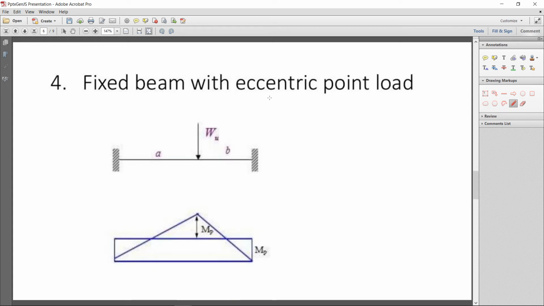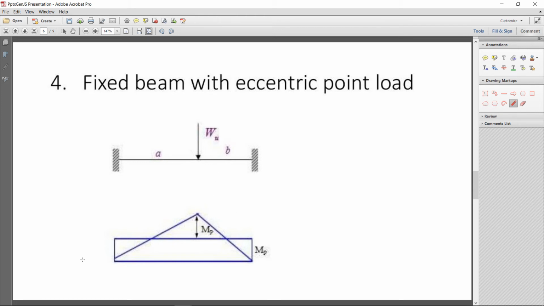Now fixed beam with an eccentric point load. On the left side there is a greater length, that is A, and on the right side there is a smaller length, that is B. That is the bending moment diagram. At the supports there is negative moment, and under the load there is also a positive moment.